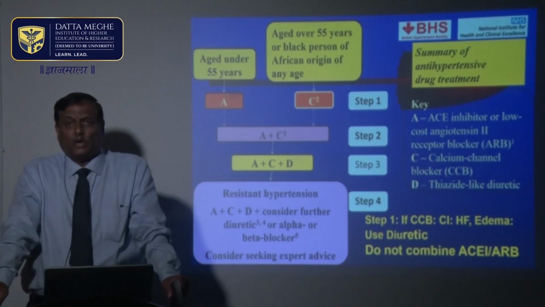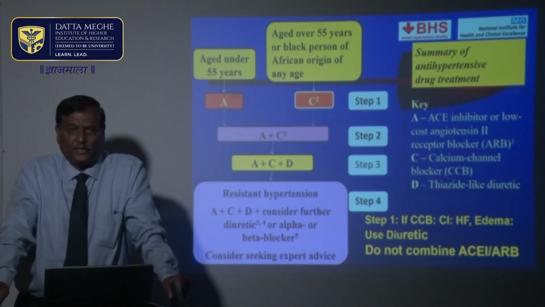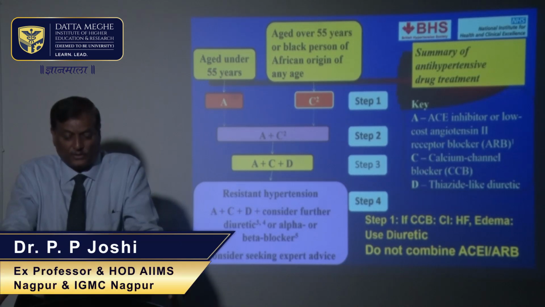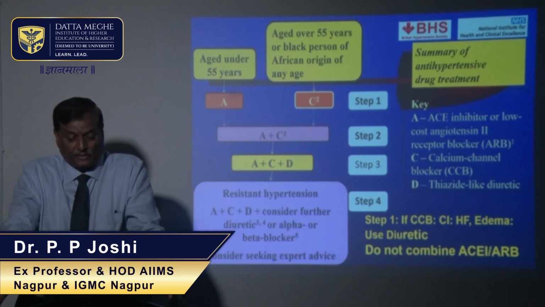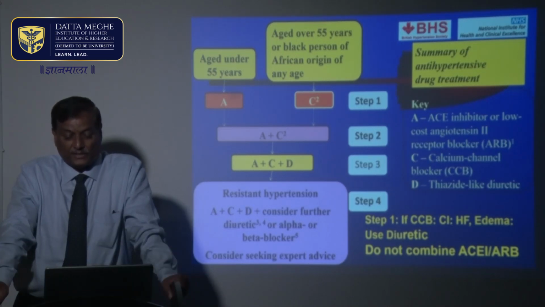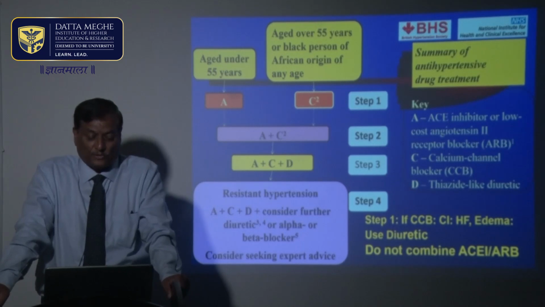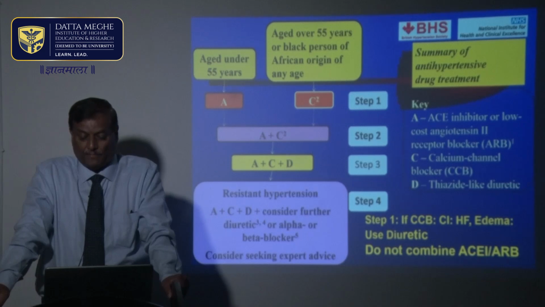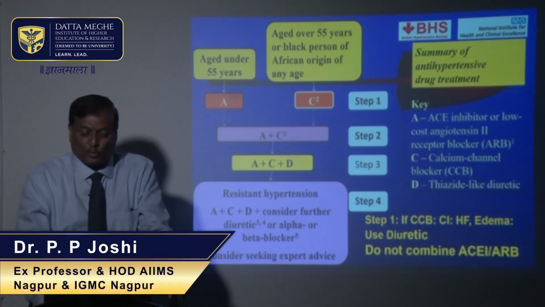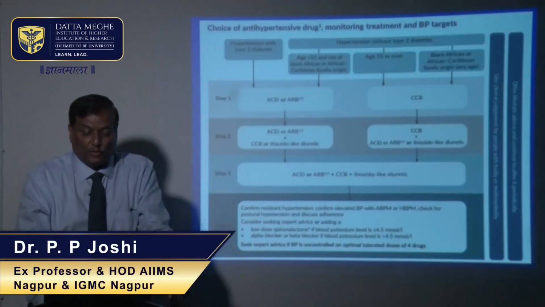If the blood pressure is not controlled, then we can combine ACE inhibitors and calcium channel blockers, and in the third step, we can combine all three, that is ACE inhibitors, calcium channel blockers, and diuretics. And for resistant hypertension, we can consider alpha blockers or beta blockers, and also we can use a mineralocorticoid receptor inhibitor. So this is the stepwise approach in patients.